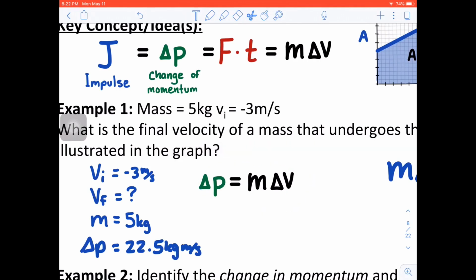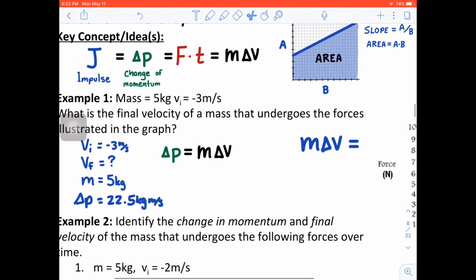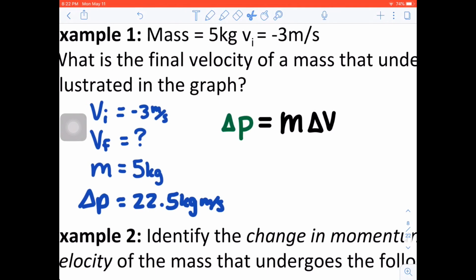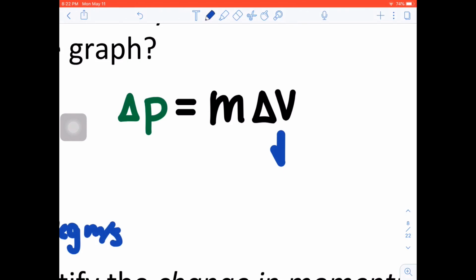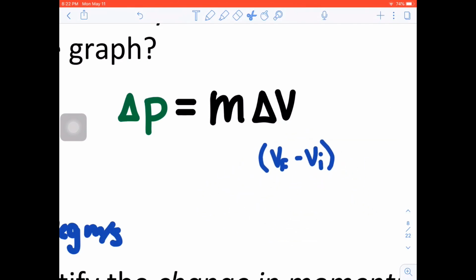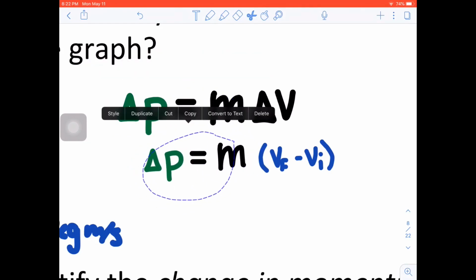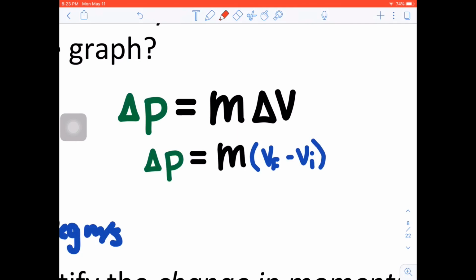Alright, so we've got the change of momentum, which is like the area, and we just found out that was 22.5. And we want to solve for final velocity. Well, this term right here, change of velocity, is like v final minus v initial. So keep that in mind. We're going to substitute that in, and we'll bring everything down. V final is the thing we're solving for. So let's see what happens.